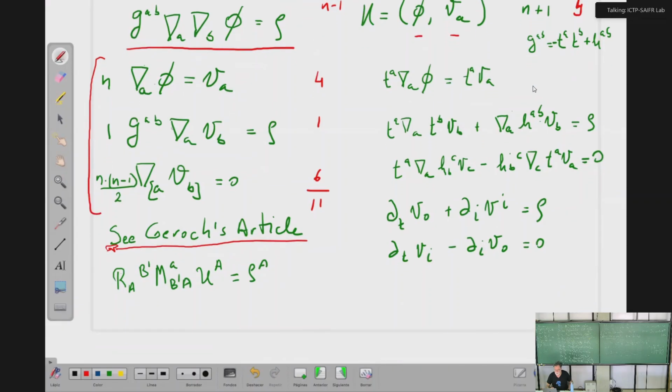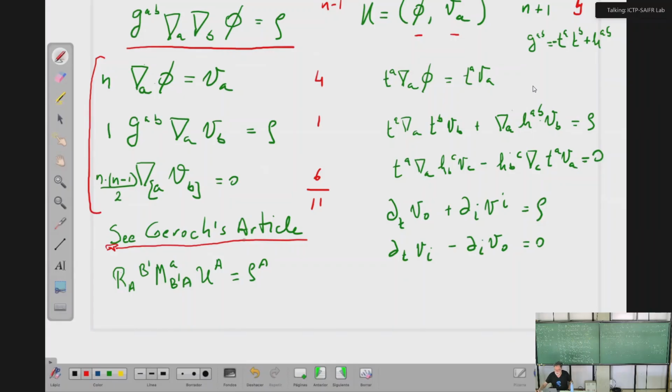And here Geroch does it very nicely, as covariant as you can guess, and it's very nice how this is done. So I recommend, after seeing this, that you look at what is done here. I think this Geroch article is somewhere in the bibliography that I gave. So we will do more terrestrial here.